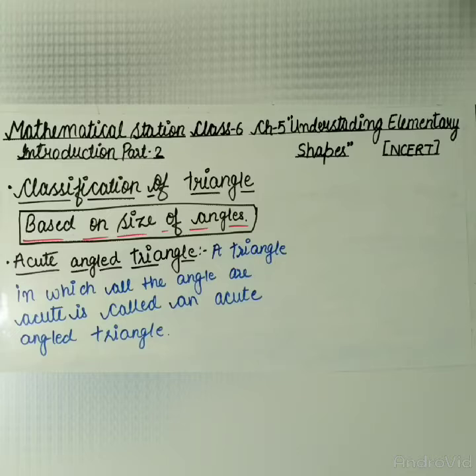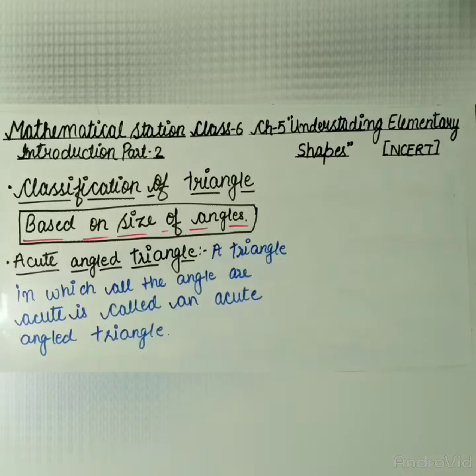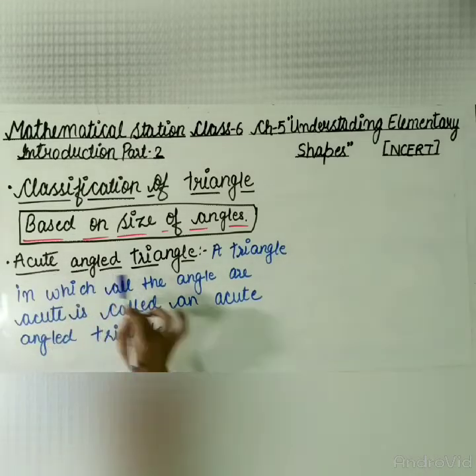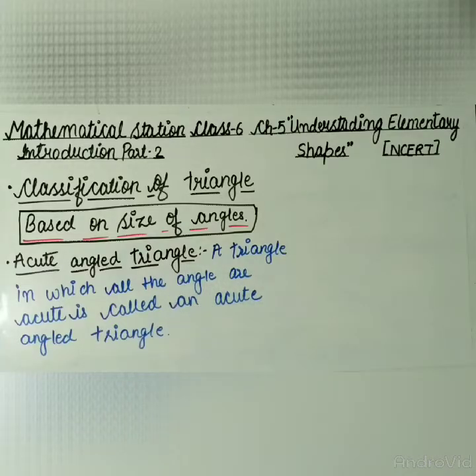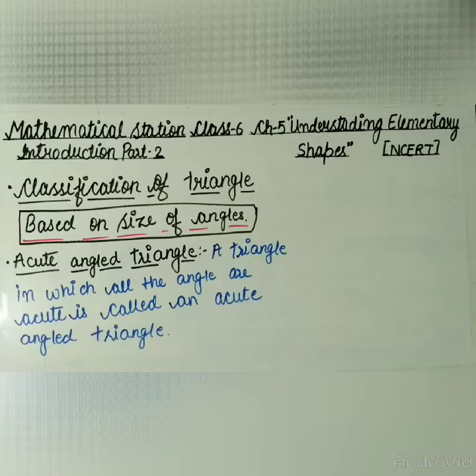Let us see this one first. First, under it is acute angle triangle. A triangle in which all the angles are acute is called an acute angled triangle.